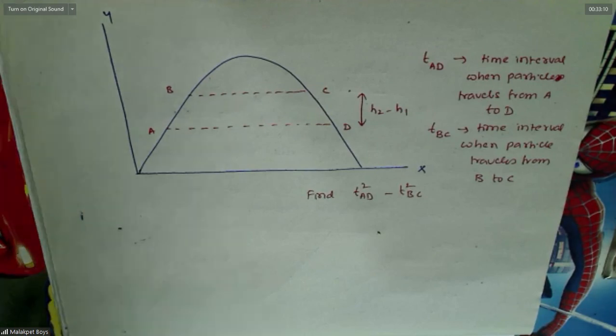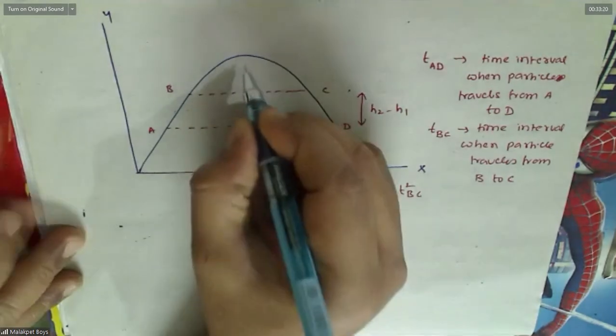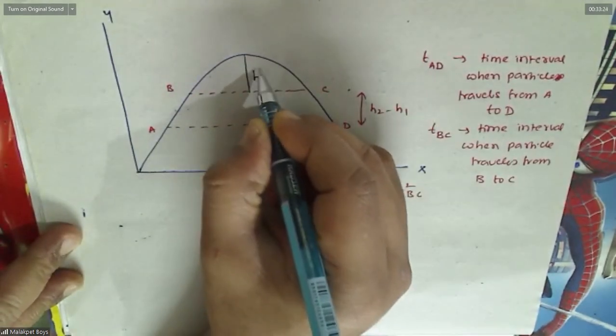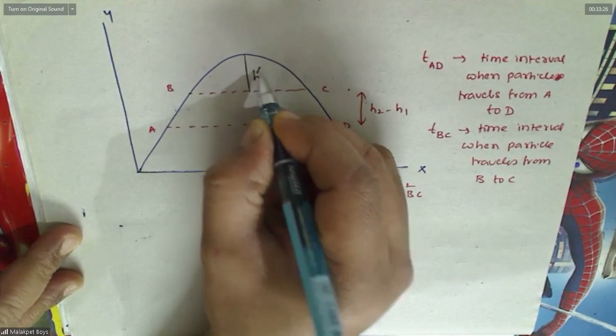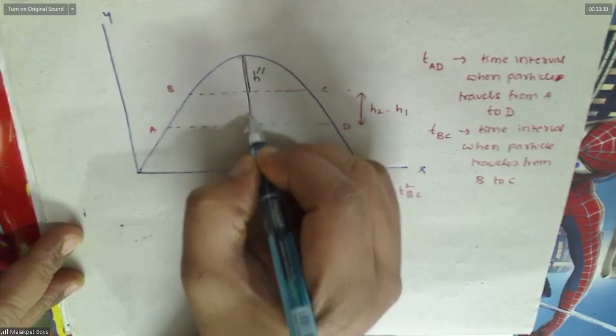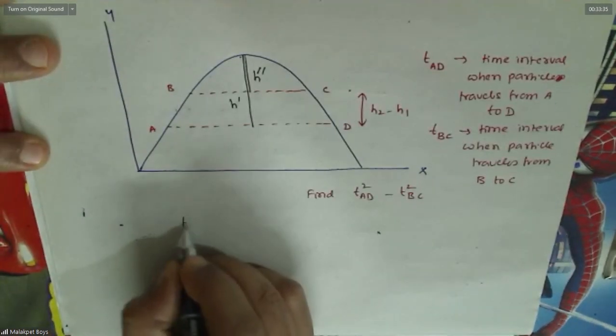Shall I do? Straight away you can write this. Suppose you take this as some H double dash, then this is some H dash. Write the equation for the time interval for AD.